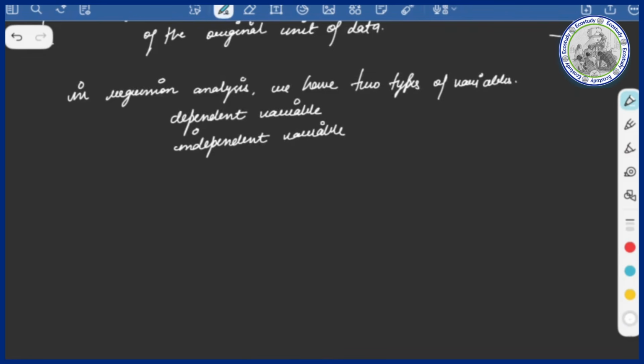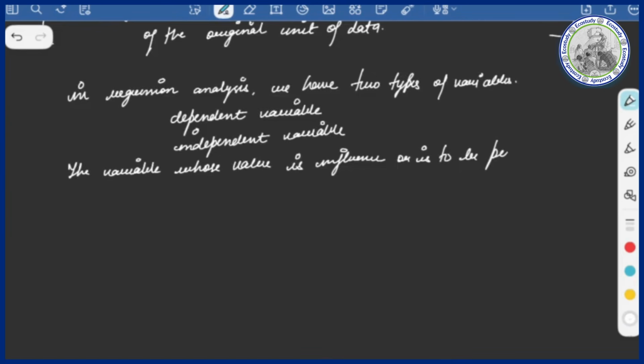Okay, now the variable whose value is influenced or is to be predicted is called the dependent variable. Okay, like the dependent variable is that variable whose values are influenced or predicted.